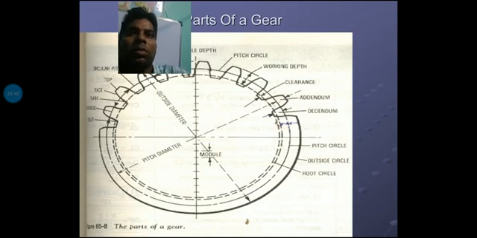Now you can see that cycloidal gear, helical gear, bevel gear, worm gear, rack and pinion, all the gears are mainly based on the basic fundamental that power, torque or motion can be transmitted when the two gears are in contact or in meshing position.